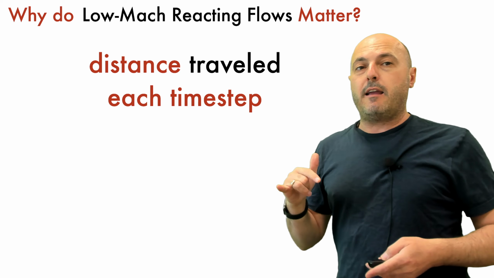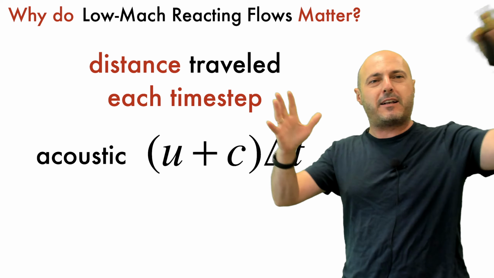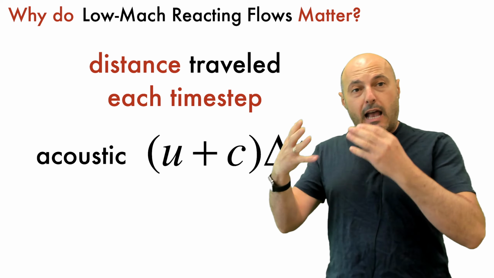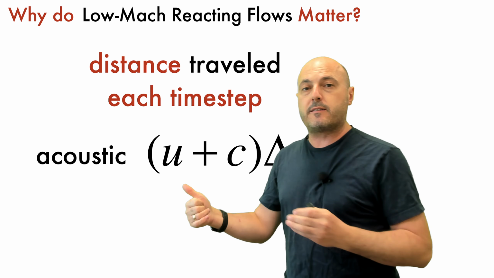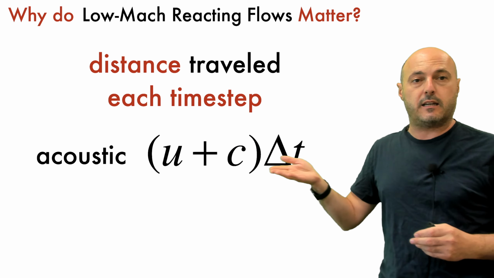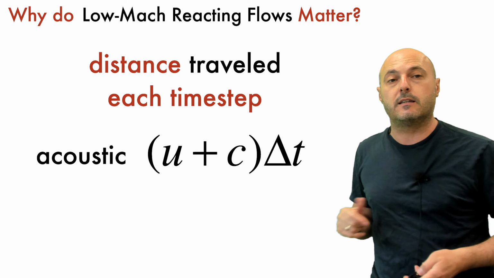For the acoustic motions, assuming that u plus c in absolute value is the maximum speed at which sound is propagating, then sound waves are going to propagate at u plus c times delta t in a single time step. This is meters per second times seconds, which gives us meters, so that's distance.